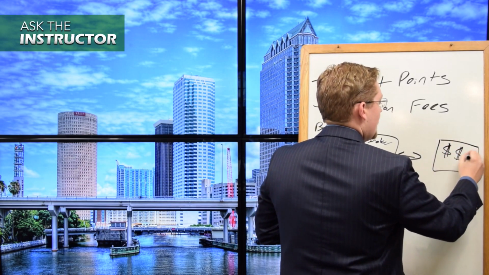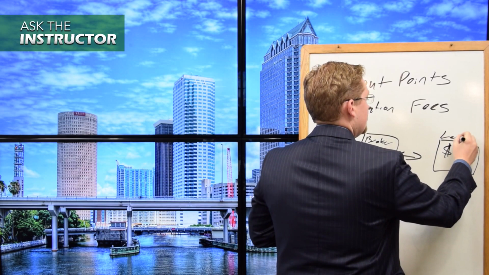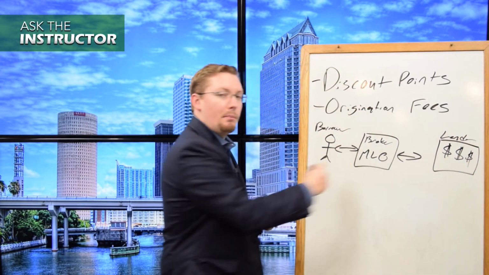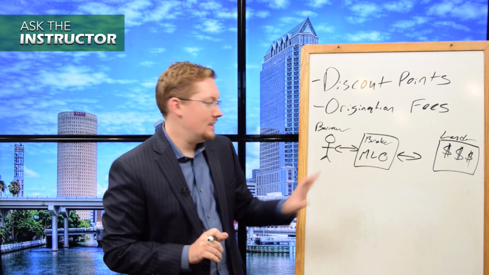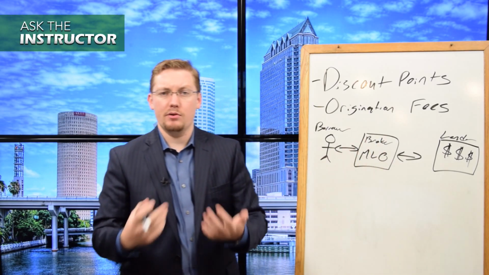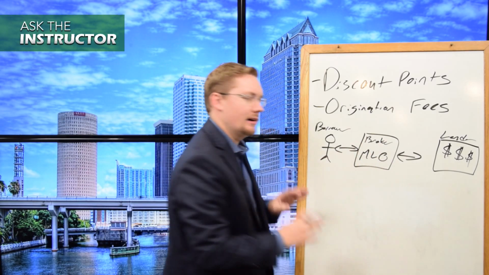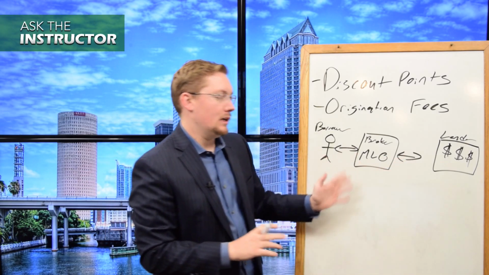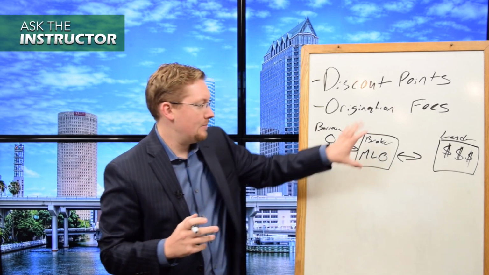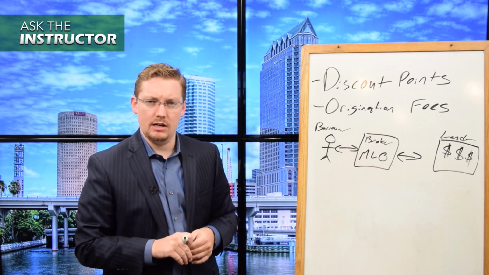And the lender is who actually has all the money. Lender has the money, borrower wants the money. The broker and the mortgage loan originator, this is our middleman, just like a real estate broker is the middleman between a buyer and a seller. In this case, what's being bought and sold is money. Lender selling money, the borrower is buying money. That's essentially what's happening. So that's where these broker and mortgage loan originators come in.